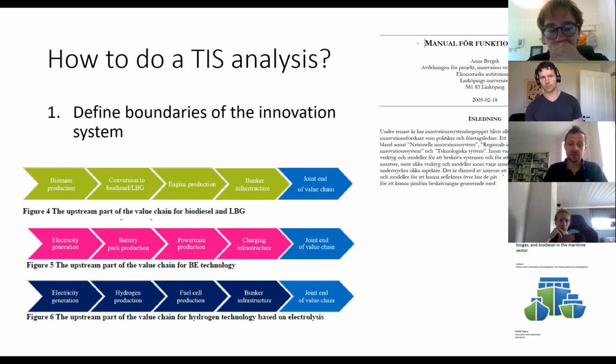So in this case, it turned out that the upstream part was extremely important for understanding the development of these technologies in this application domain, being maritime shipping, right? So basically, in order to understand the innovation dynamics around the use of, for instance, biodiesel in the maritime shipping sector, understanding biomass production actually turned out to be very important, which is perhaps not self-evident from the beginning.